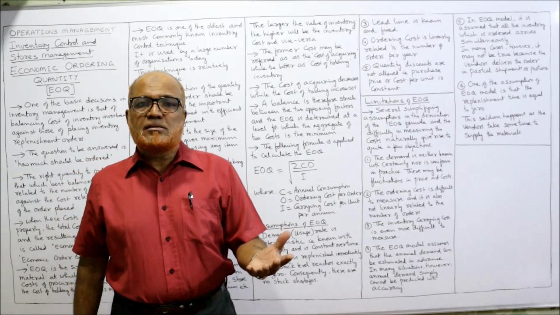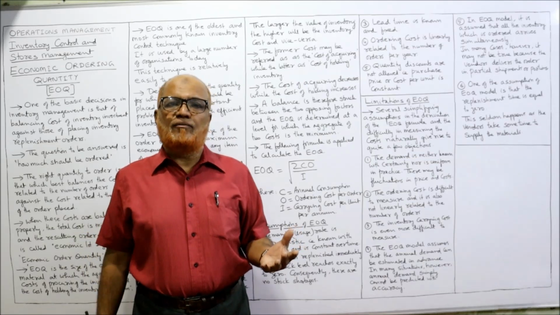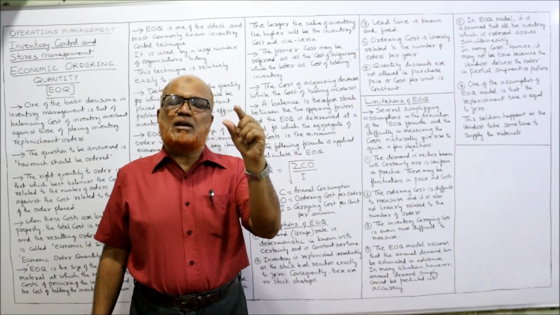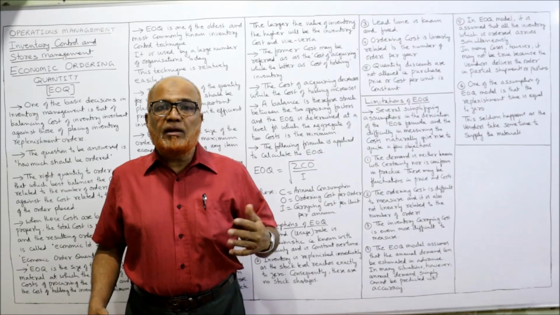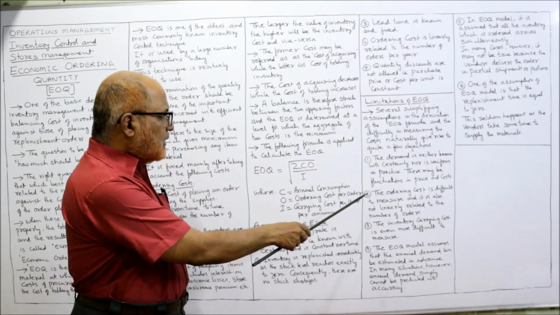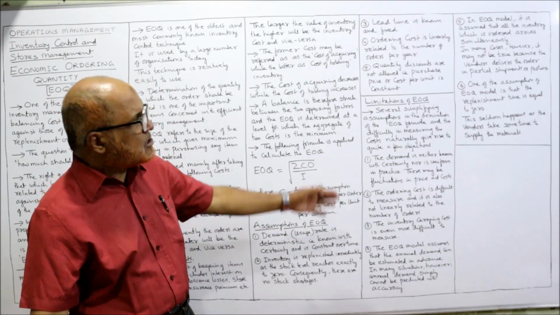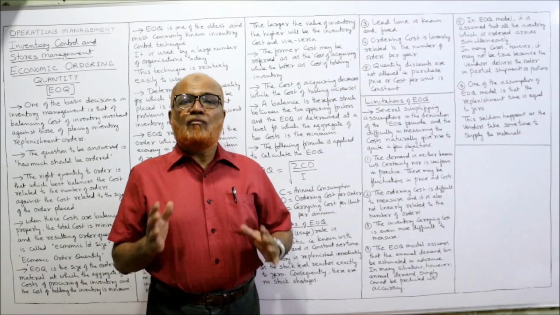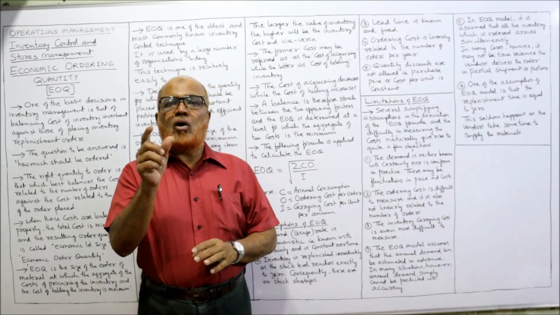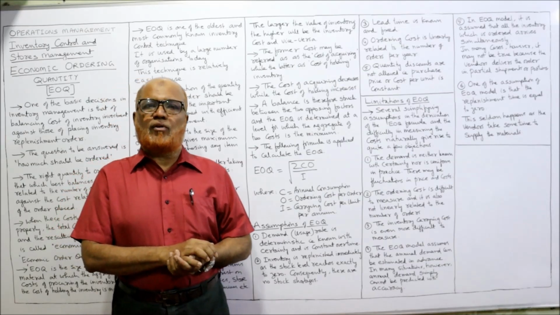Then prices may not be the same. That means the purchase price of material. We think that the purchase price of material remains constant, but in reality, the purchase price may fluctuate. Next one, the ordering cost is difficult to measure and is also not linearly related. Just now I told you, one of the assumptions says the ordering cost is linearly related with the number of orders.